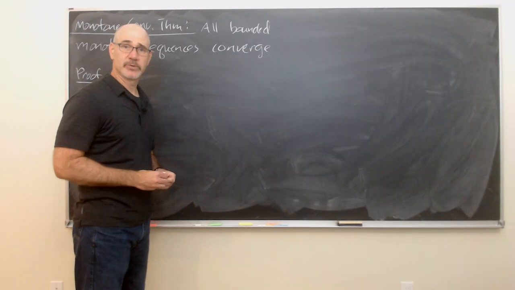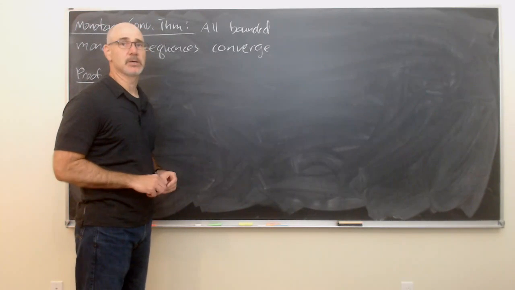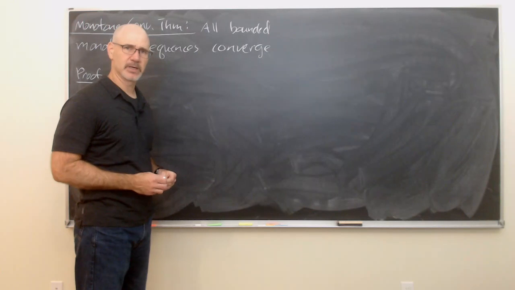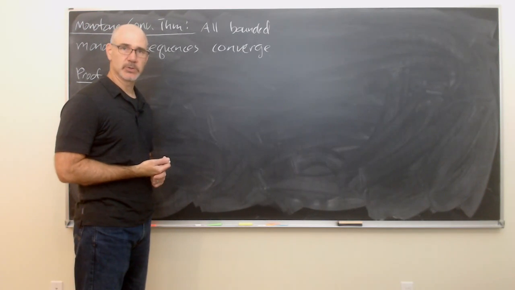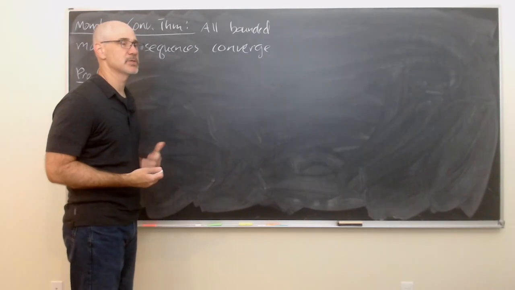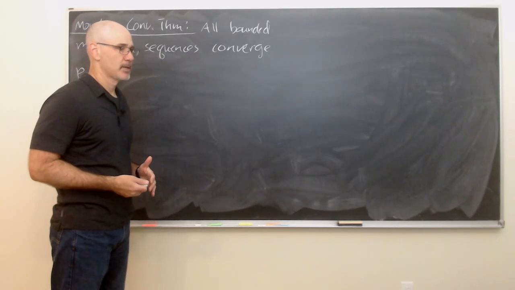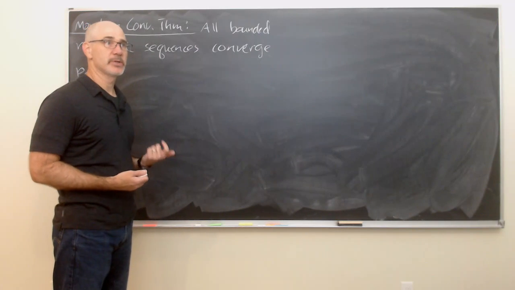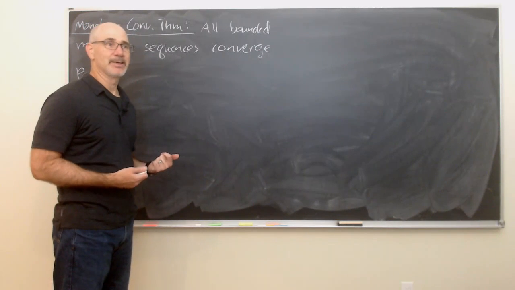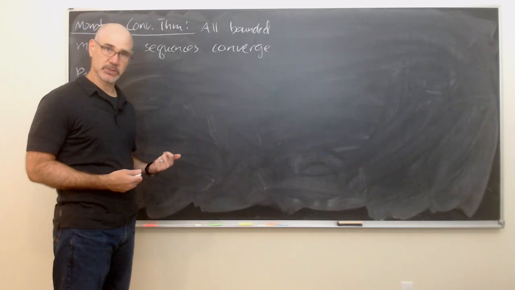The last result we're going to prove in this section is called the monotone convergence theorem, and it's a really important result, especially when we get to series, because when we start dealing with infinite series, it's going to be sort of the initial thing we rely on when we want to show that a series converges, even if we don't know what it converges to.